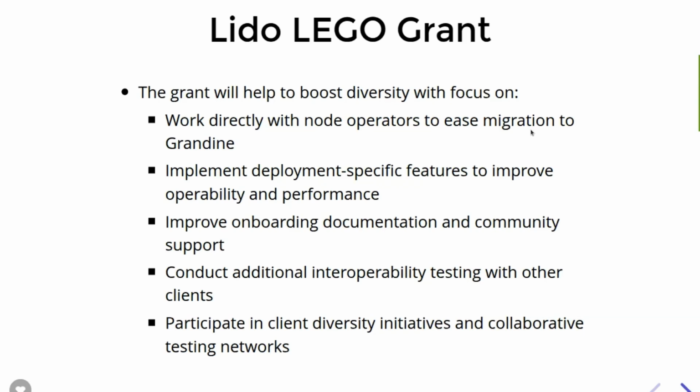It's very easy now, because most of the operators are running quite sophisticated setups that rely on the beacon API, and Grandine implements the beacon API. So, especially if you are using something like Vouch, you just need to add Grandine to the mix of your beacon nodes, and that's all. So a very easy step, and a lot of benefit to the network.